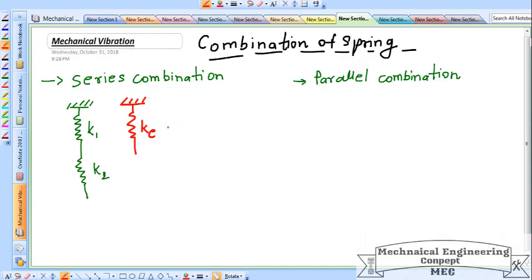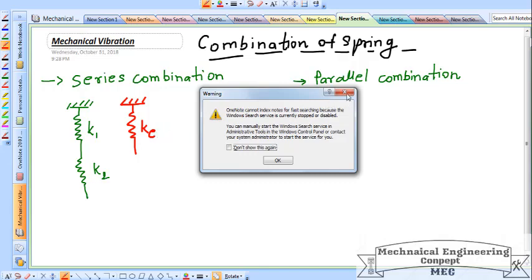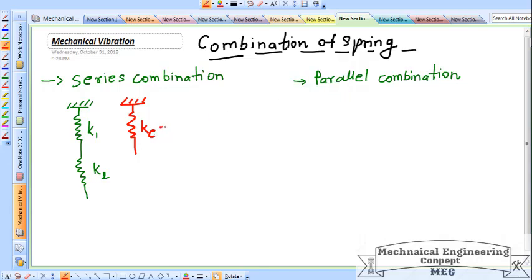How does the Ke value come out? Imagine another spring Ke which has an equivalent value. It is known as the equivalent stiffness.